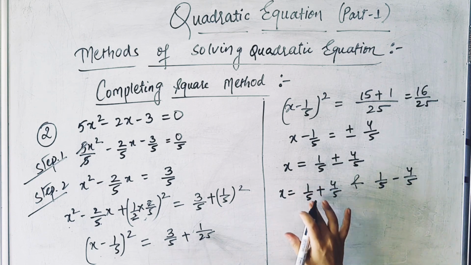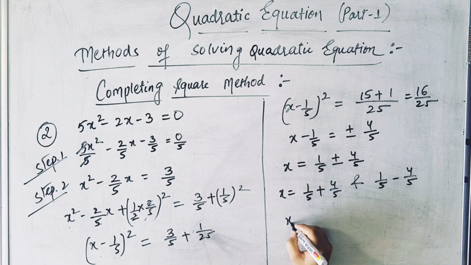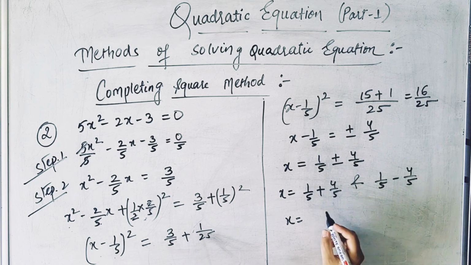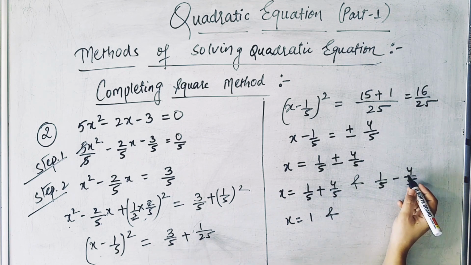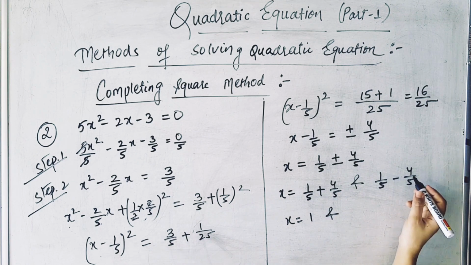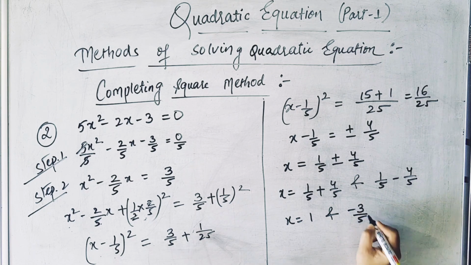Once we take plus, once minus, so here we'll get 5 by 5, which is 1, and here 1 minus 4 gives minus 3 by 5.